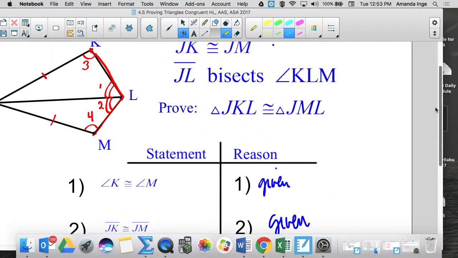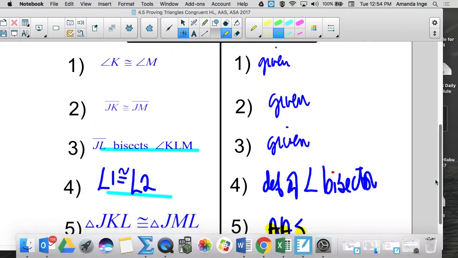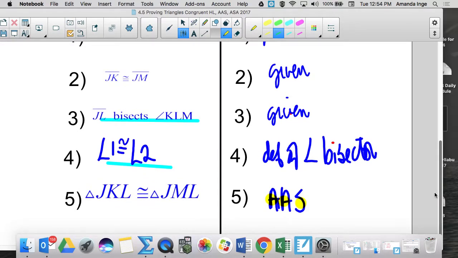We go back and look at what we have. We have an angle, well, I'll start here. Angle, an angle, and a side. So angle, angle, side. So triangle JKL is congruent to triangle JML by angle, angle, side. Everybody good to go? All right.